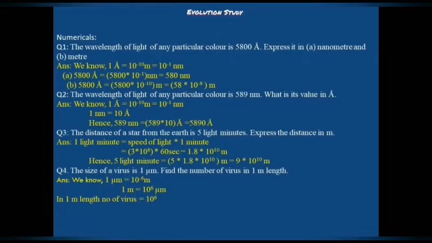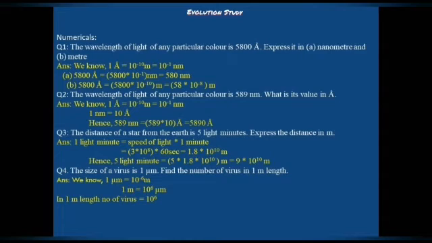So 5800 Angstrom is equal to 5800 into 10 to the power minus 1 nanometer, which is 580 nanometer. And B, 5800 Angstrom is equal to 5800 into 10 to the power minus 10 meter, which is 58 into 10 to the power minus 8 meter.